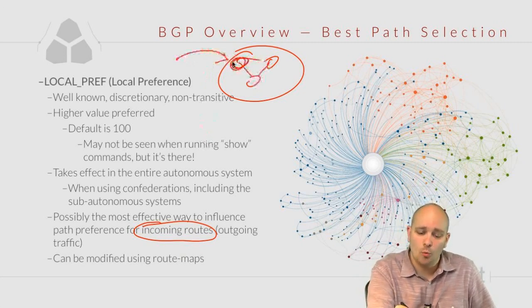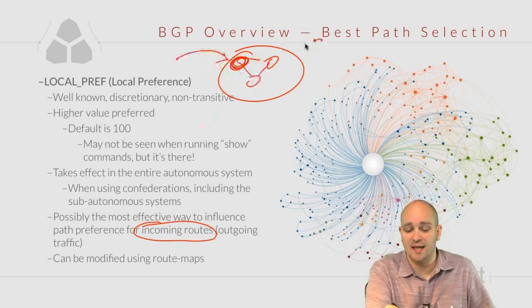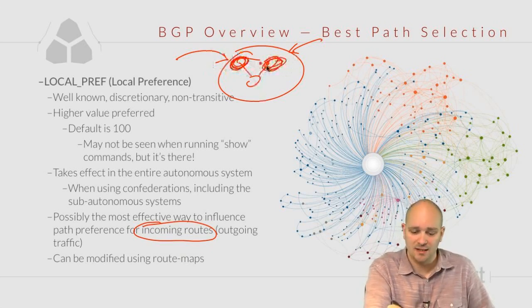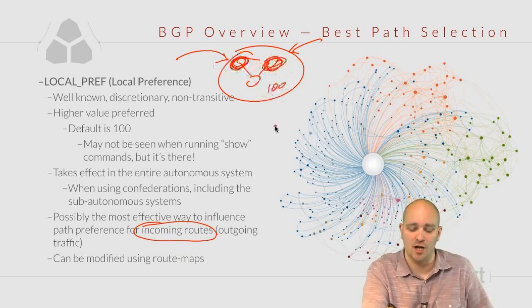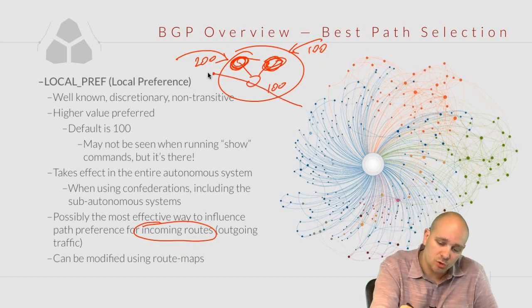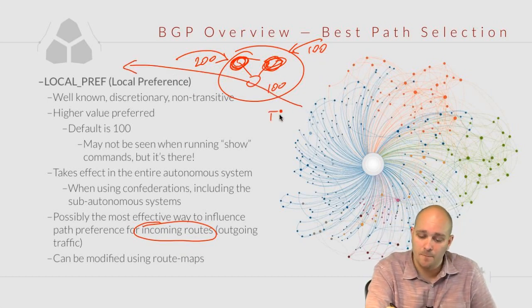In that case, what we are actually doing is, let's say that we are receiving the same route from two neighbors, on two routers inside the autonomous system, the same one. So let's say that this is AS100 here. If we set the local preference to 200 here and the local preference to 100 here, what we are really saying is that we would want to send our traffic towards that destination.